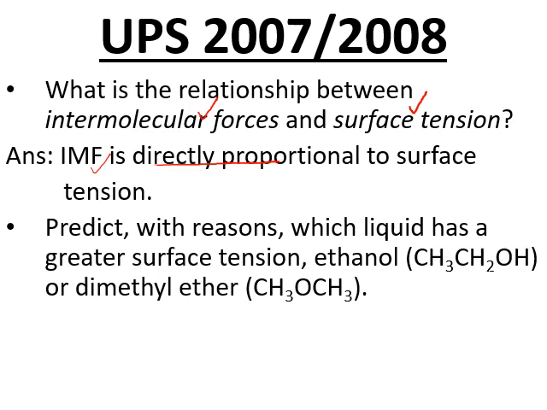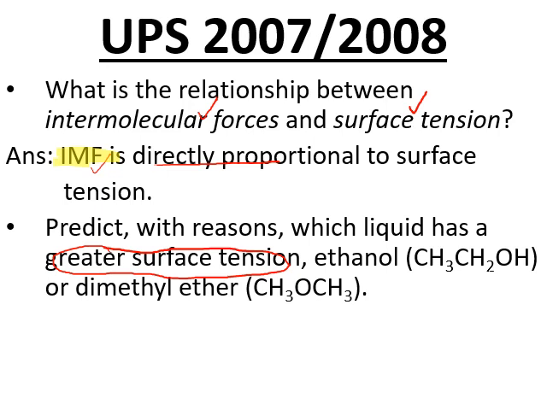Second part, predict with reason which liquid has a greater surface tension. Since they are under the same question, it means that they already give us the hint. We are going to discuss the intermolecular force.